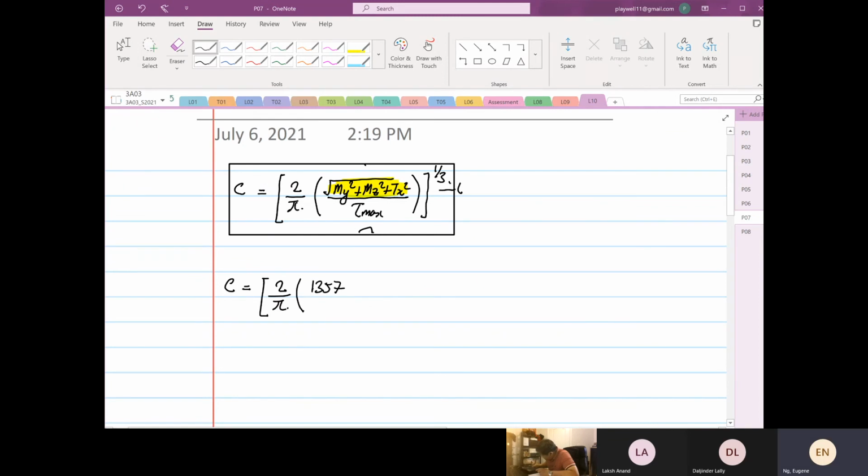Then divide by 50 times 10 to the power 6, and then you do a cube root. So this will be equal to 1357 times 2 divided by pi divided by 50 times 10 to the power 6, cube root of the answer.